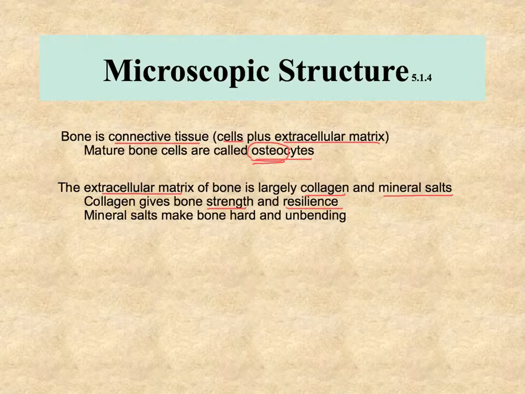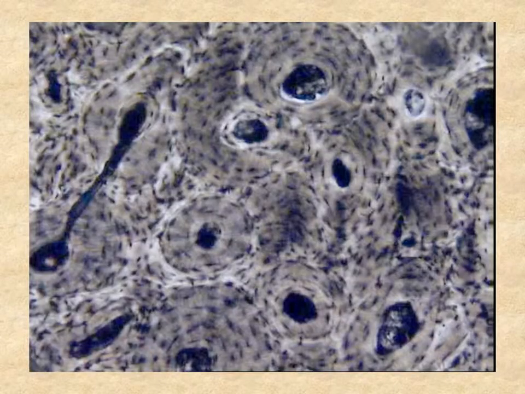If we just had collagen in our bones, they would be strong, but they would be much too flexible. So the mineral salts make the bones hard and unbending and allow the bones to support however much you happen to be weighing, and allow your muscles to give something strong to pull against. So we need both of them to make the bones. Here is a slide of bone cells.